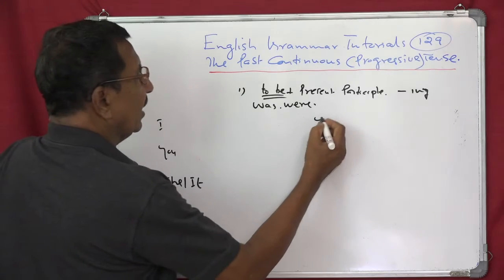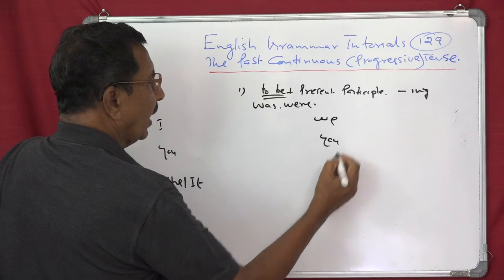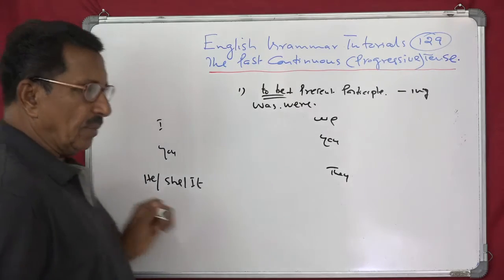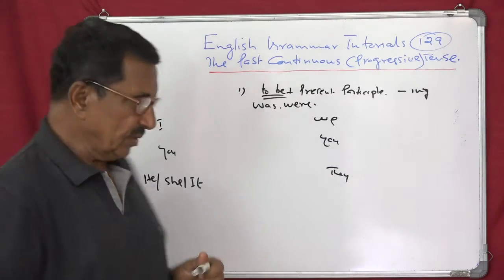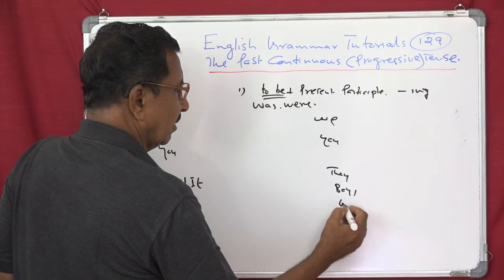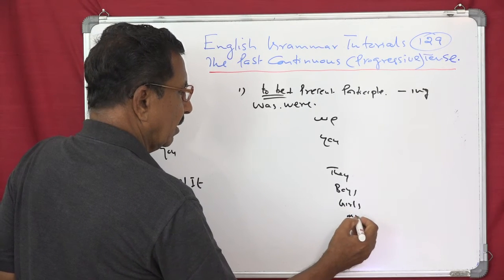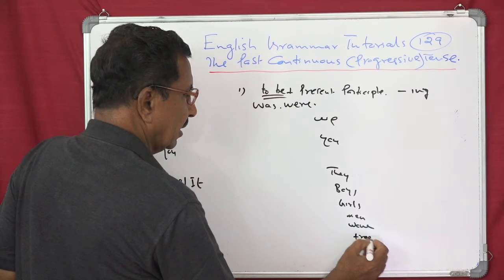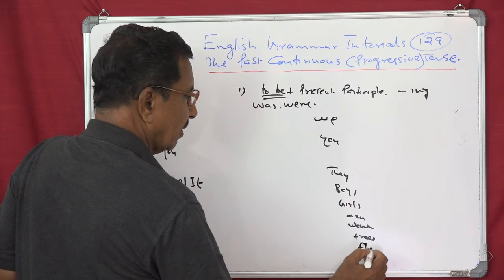Then we have we, you, and they. They stands for all the third person plurals: boys, girls, men, women, trees, flowers.